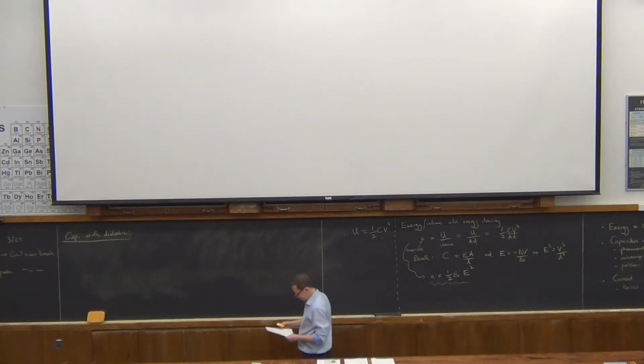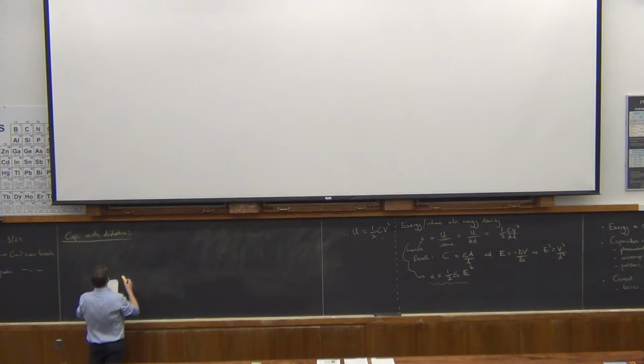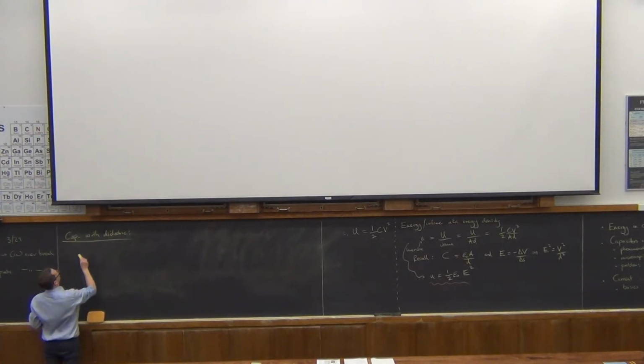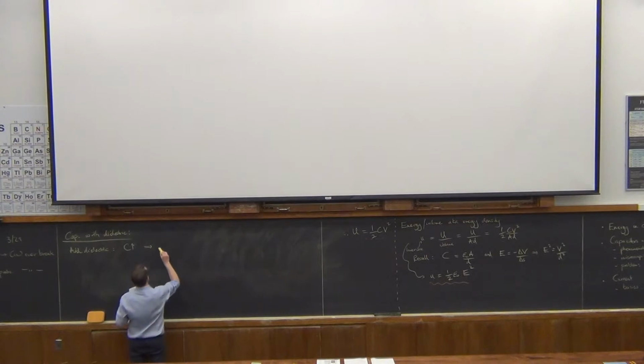So, okay, what happens if we put in our dielectric? So again, some sort of empirical observations. So first off, the capacitance increases, and empirically, we're simply going to describe this by a parameter, kappa.